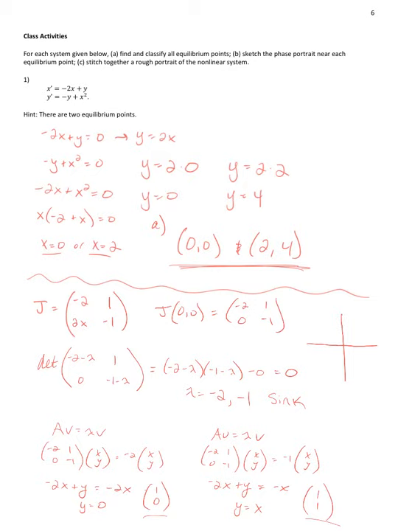So (1, 0) is the x-axis. So that's one of my straight line solutions. The negative eigenvalues, so they're pointing in. And my other straight line solution is (1, 1). So that's that one. Again, negative eigenvalue pointing in. This one was lambda equals -1. This one is lambda equals -2.